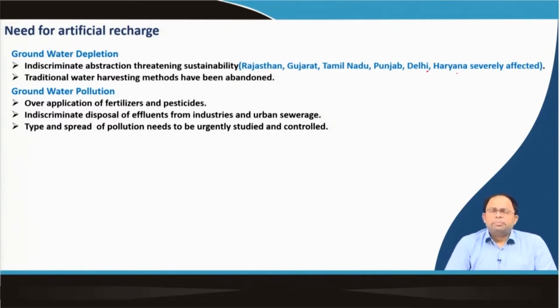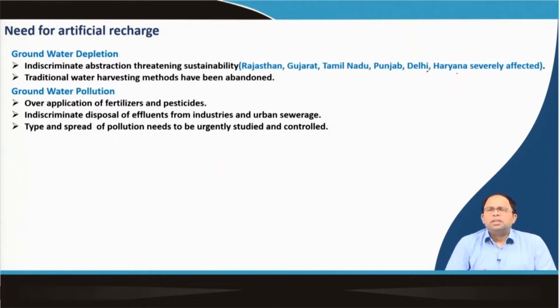So this is a big problem, and many of the groundwater aquifers are becoming unusable, or if we use them, that would probably lead to a lot of diseases. So the type and spread of pollution within the groundwater aquifers also needs to be modeled, studied, and eventually controlled. There has to be a lot of work in that regard as well.